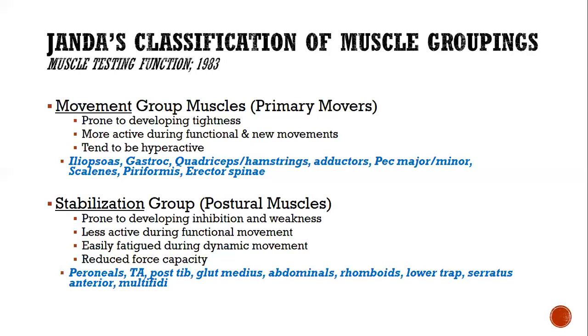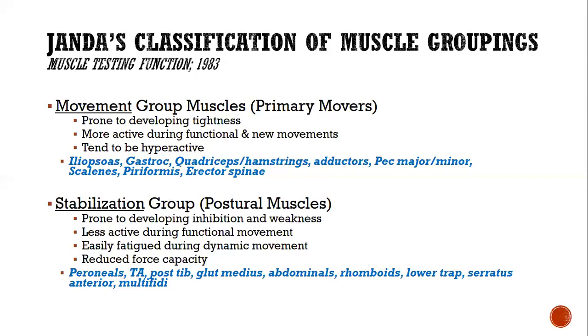Athletic trainers, pre-physical therapy students in the room, occupational therapists, which of these muscles, as you look through them, do you deal with most often in terms of becoming injured and needing to treat them? I'm just letting you pause there for a minute. When's the last pec major strain that you saw?